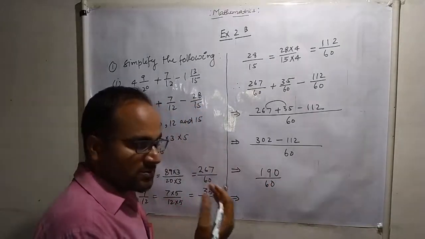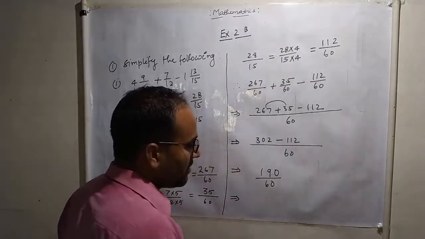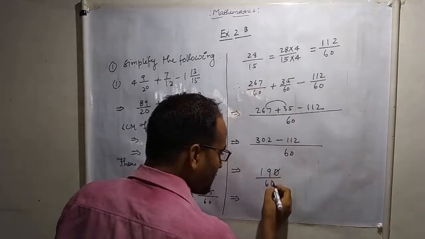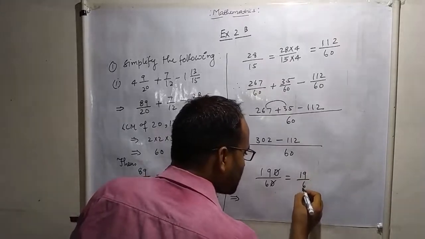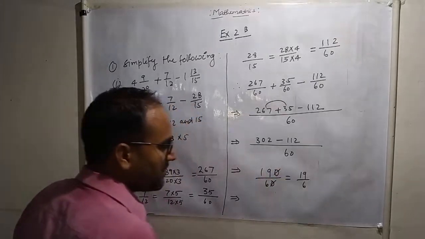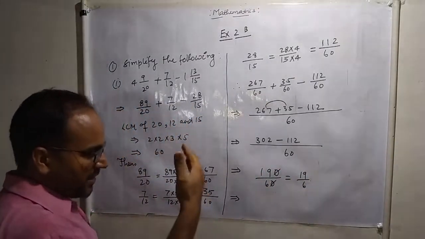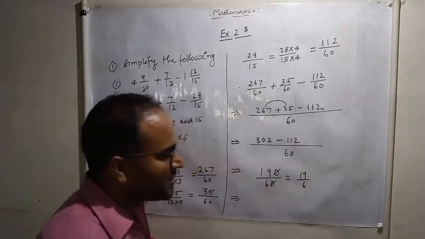If you take a smaller number it takes time. 0 is there, you can cancel out this 0 also. Firstly you cancel this 0 with 0, you get 19 upon 6, or you cancel out with 10. 10 6s are 60 and 10 19s are 190, or by a smaller number it takes time, but definitely you will get 19 upon 6.